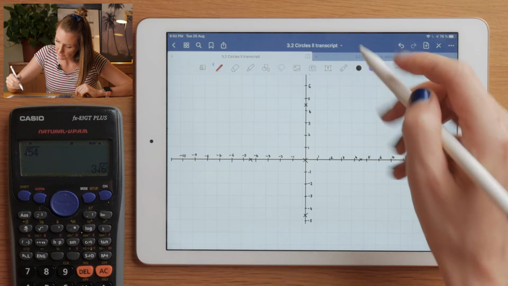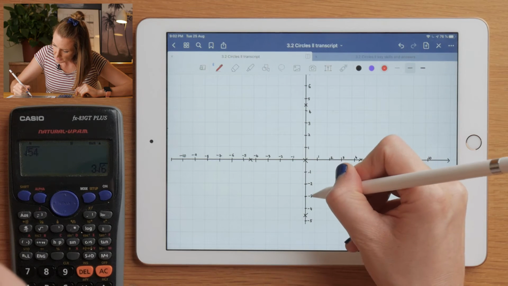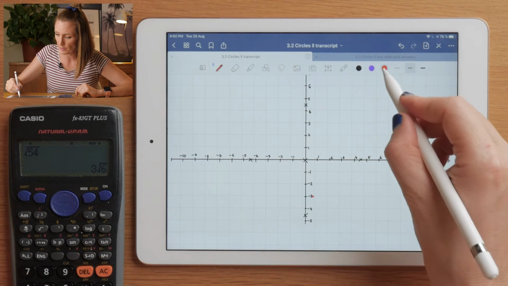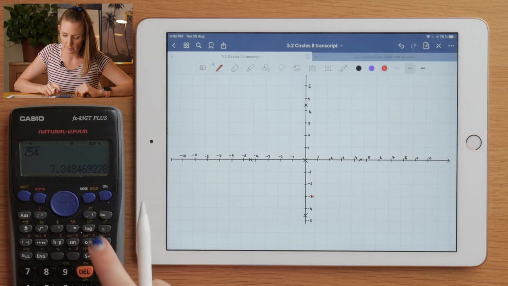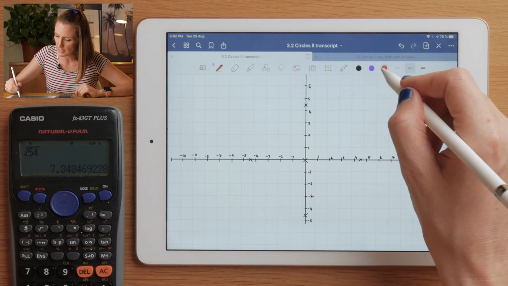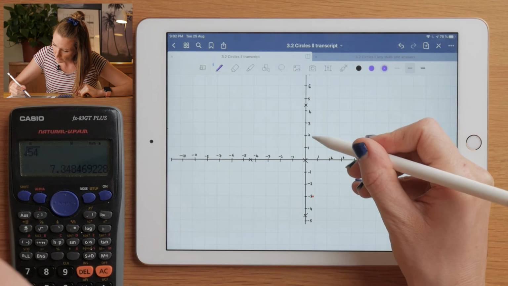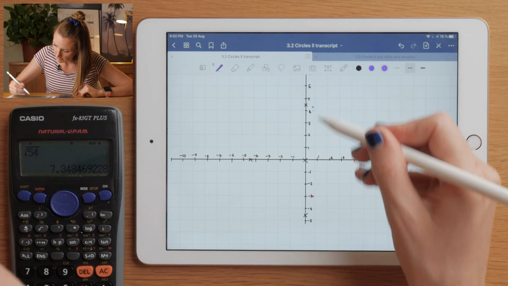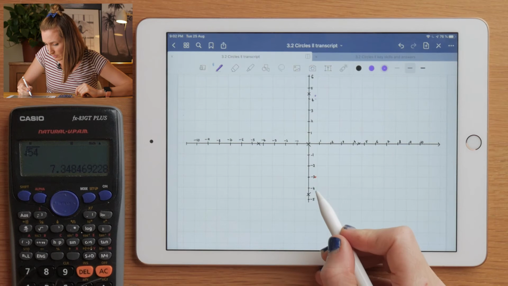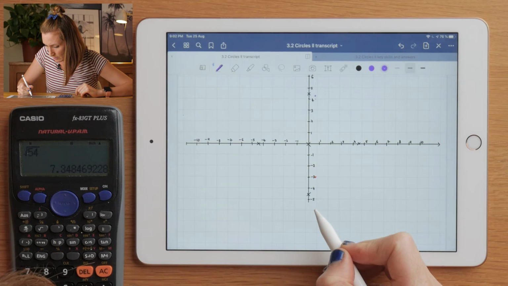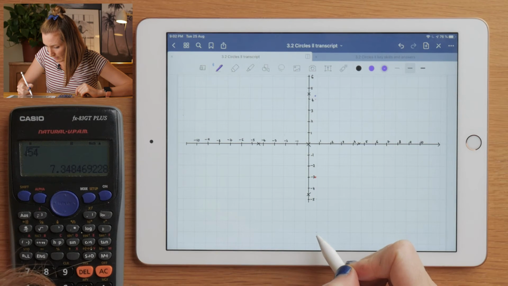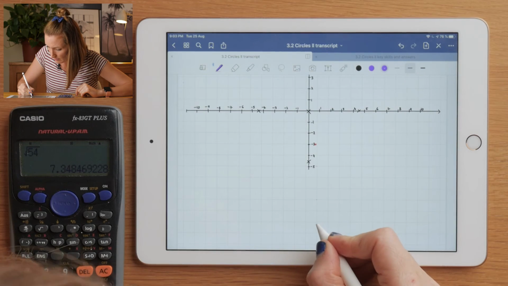So we pencil the center in first at (1/2, -3). So here's 1/2, minus 3. And you roughly want to go a bit more than 7, so 7 and a bit up, down, left and right. Need a bit of extra space down here, but 1, 2, 3, 4, 5, 6, 7 and a bit.